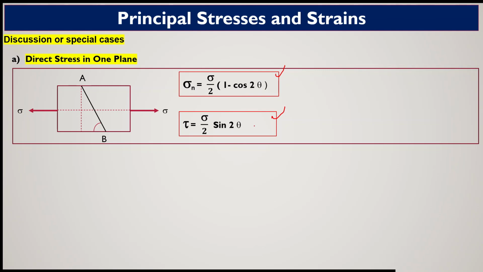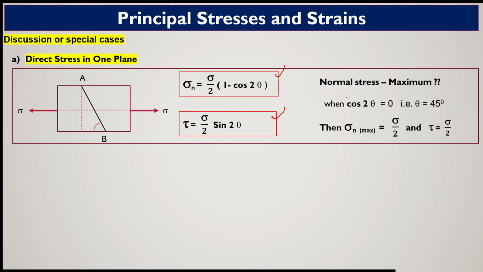Now we have to evaluate when sigma n will be maximum or when tau will be maximum. Normal stress sigma n will be maximum when cos 2 theta is equal to 0. That means the angle 2 theta should be 90 degree, and accordingly theta will be 45 degree.